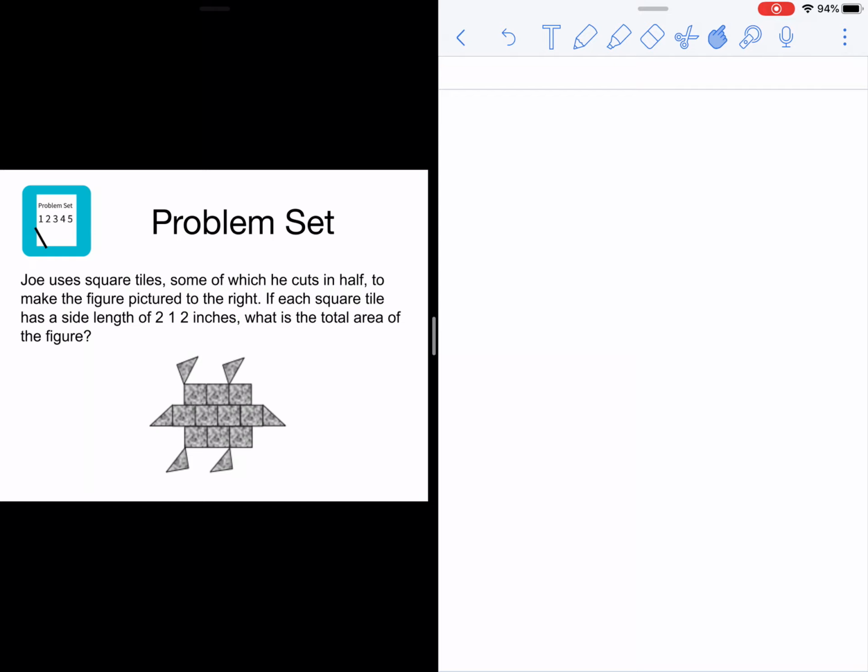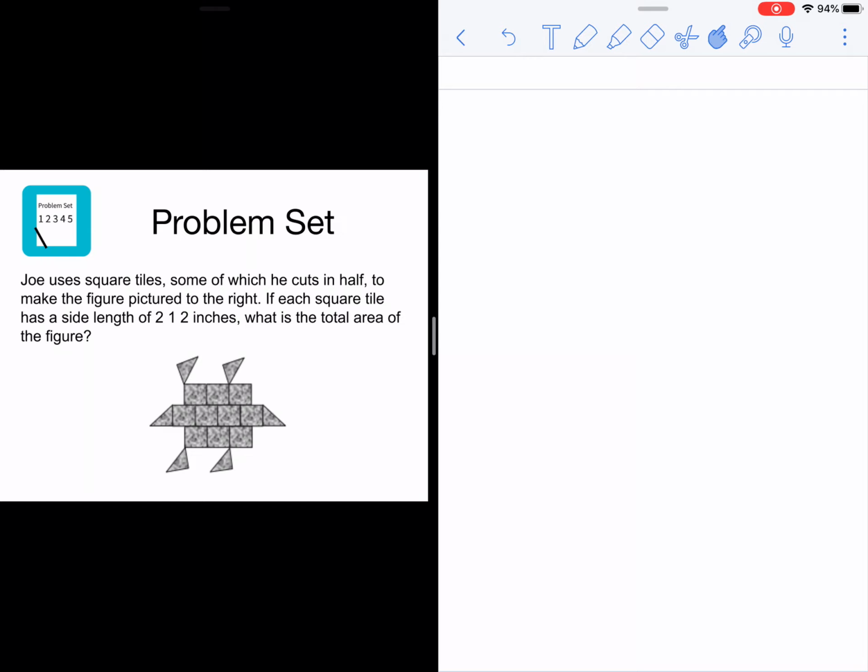So the presence of the triangles in this design may prove to be challenging for some of you, okay? Make sure you understand that those triangles you see are half of a square. Each square tile is 2 1/2 by 2 1/2.